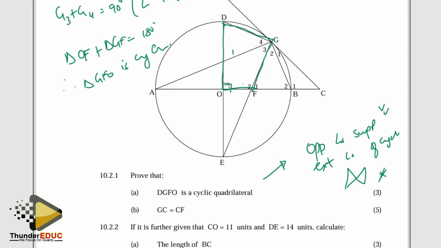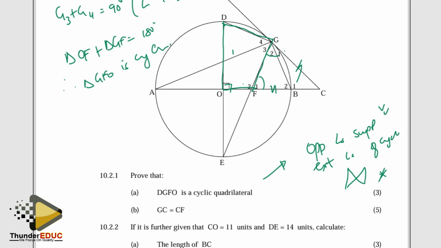Having done that, then they want us to prove that GC is the same as CF. For us to determine that, we have to make sure that this angle is the same as this angle. We just need to prove these two angles are the same.